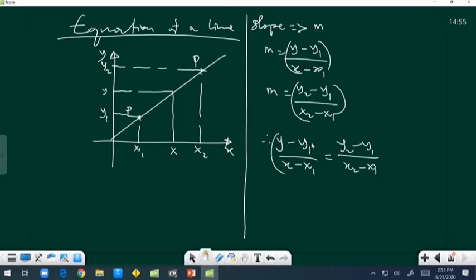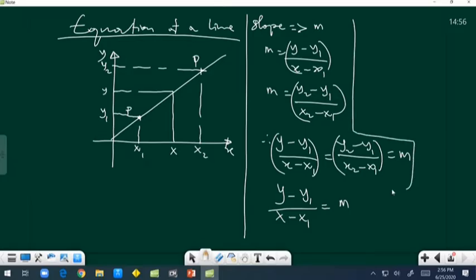So if we consider this to be equal to m, we can say y minus y1 over x minus x1 is equal to m. So cross multiply, the answer there will be y minus y1 is equal to m in brackets x minus x1. So we have this as the equation of a line.